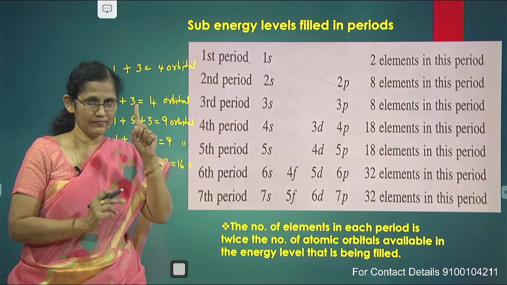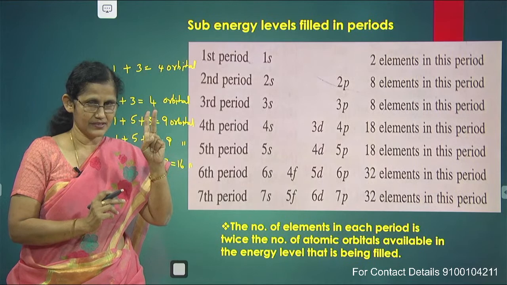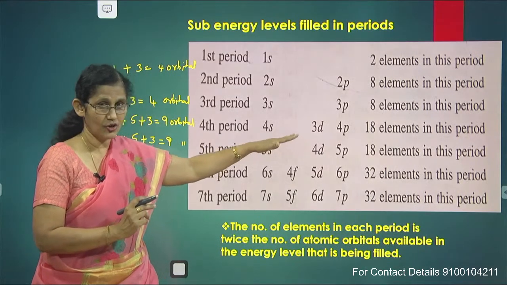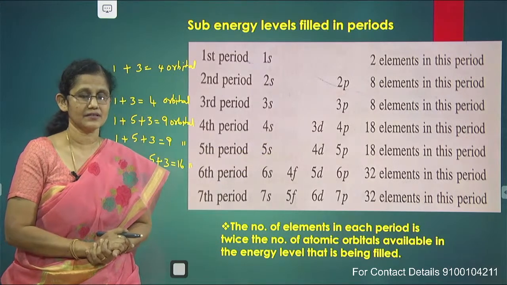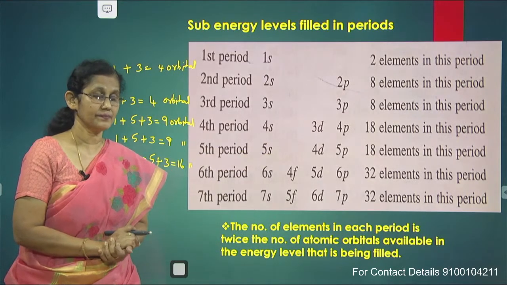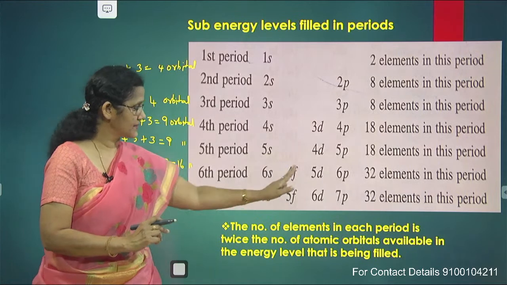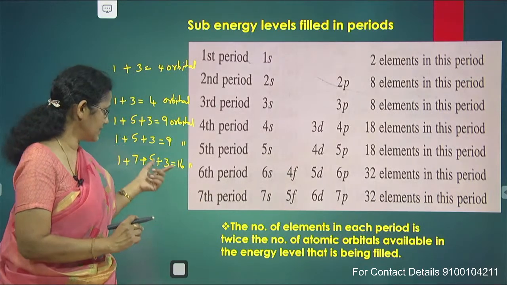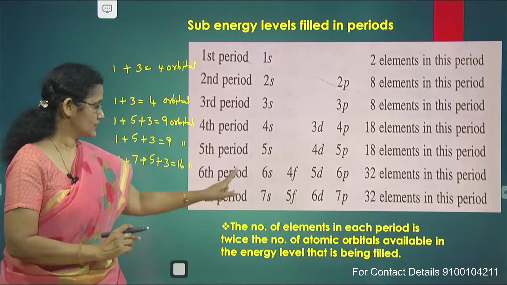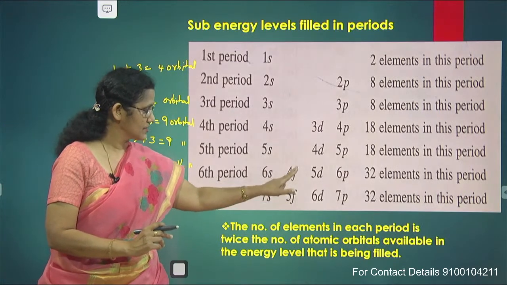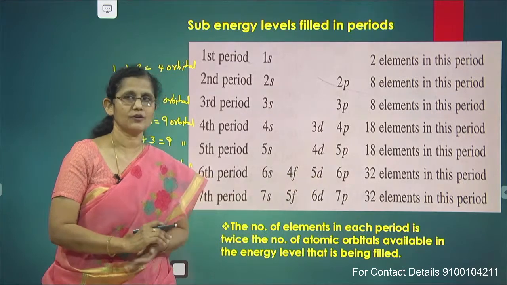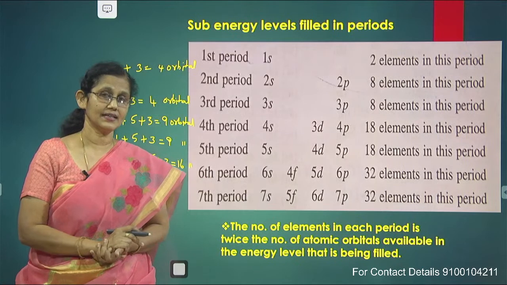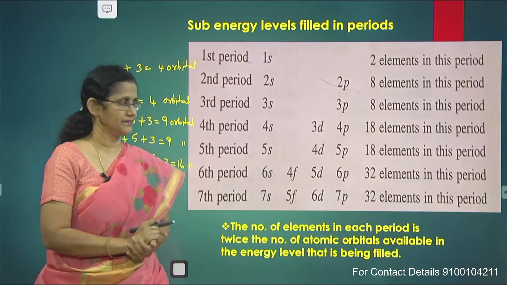First period 2 elements, second period 8 elements, third period 8 elements, fourth and fifth periods, the first and second long periods, 18 elements. Which is the longest period in the periodic table? 6th period. How many elements? 32 elements. How many orbitals are available? 16: 1 s orbital, 7 f orbitals, 5 d orbitals, 3 p orbitals, right. Next, the 7th period also theoretically has 32 elements possible.